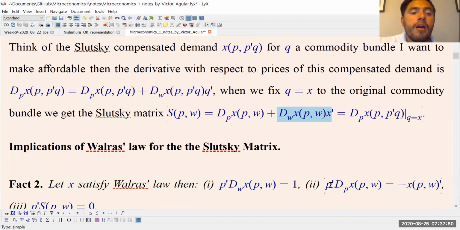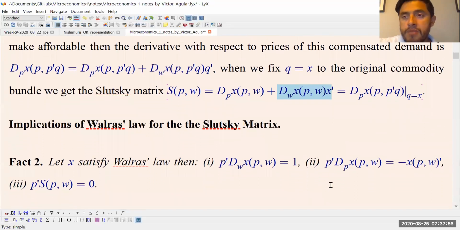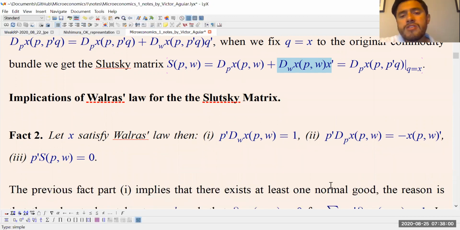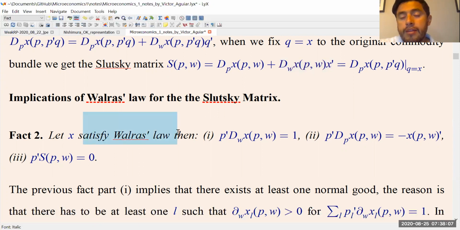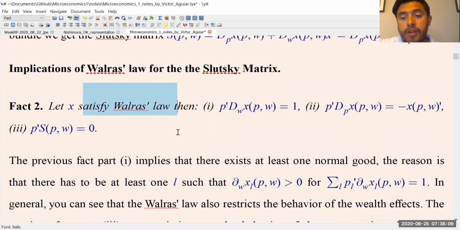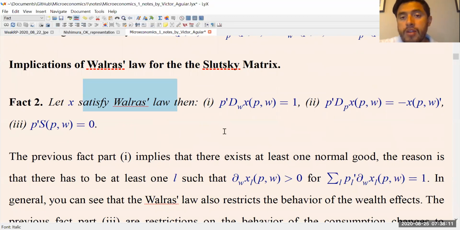Okay, and so I'm going to end this video with the implications of the Walras law for the Slutsky matrix. The first thing is very simple, so I'm going to go very quickly over this. It is just taking the Walras law and deriving it, and I'm going to get two implications, okay?